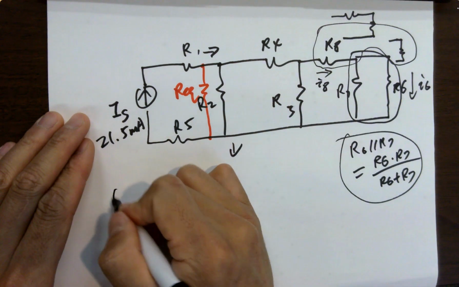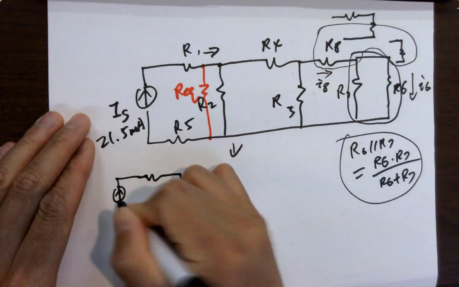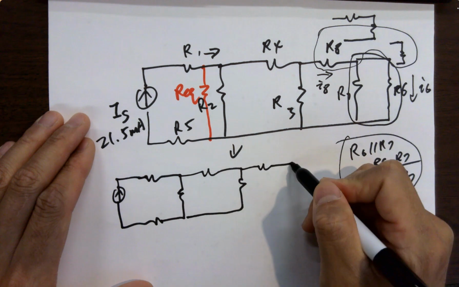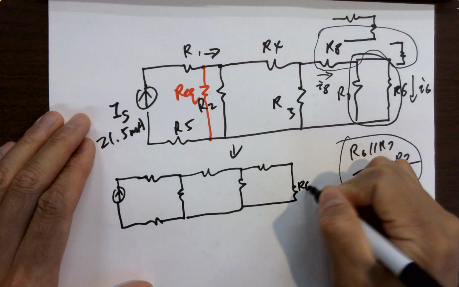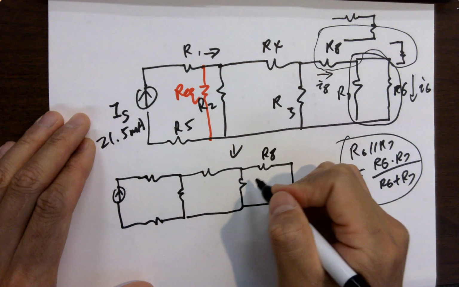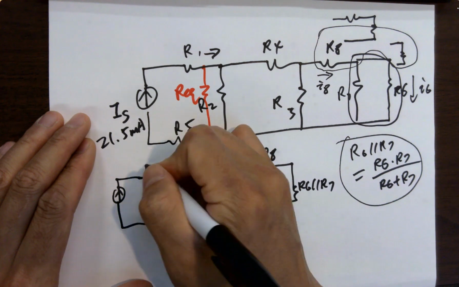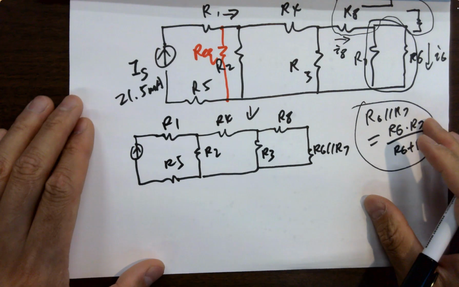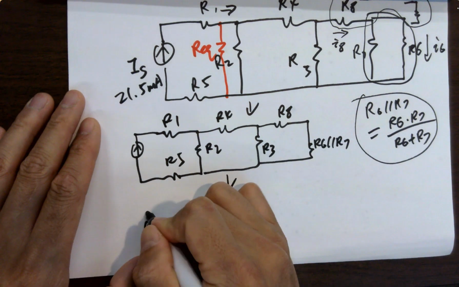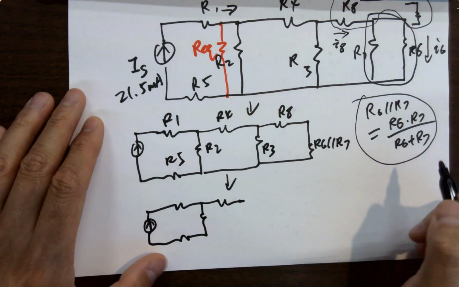Okay, so this becomes R6 in parallel with R7. And that's R8. This is R3, R4, R2, R5, R1. Okay, first step. Second step. What's the second step?